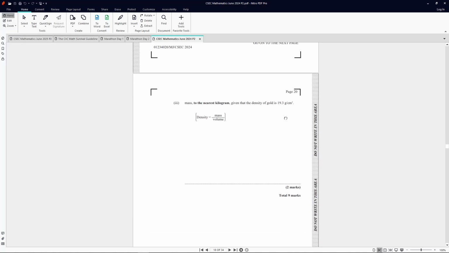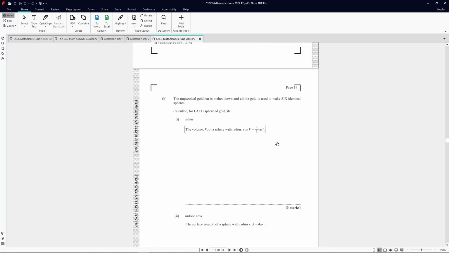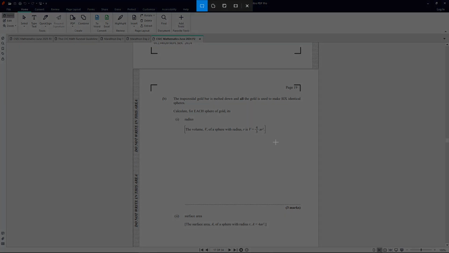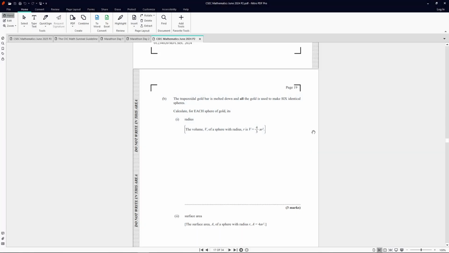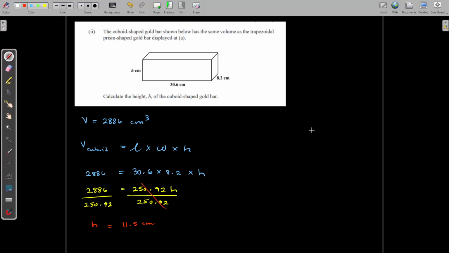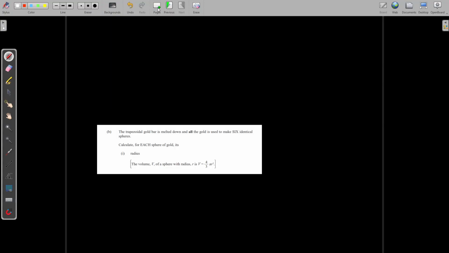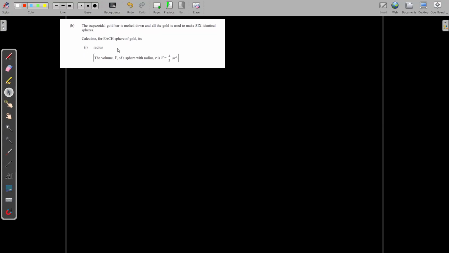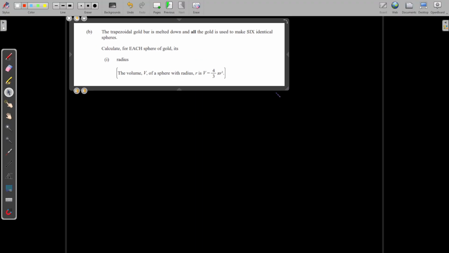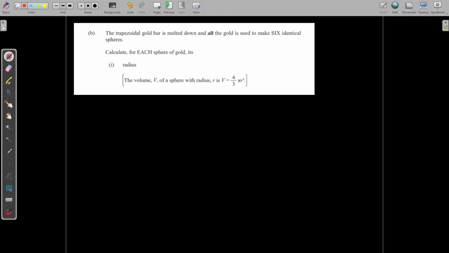So they say the trapezoidal gold bar is melted down and all the gold is used to make 6 identical spheres. So these are the types of questions that will require you to think and reason about what is being asked of you.